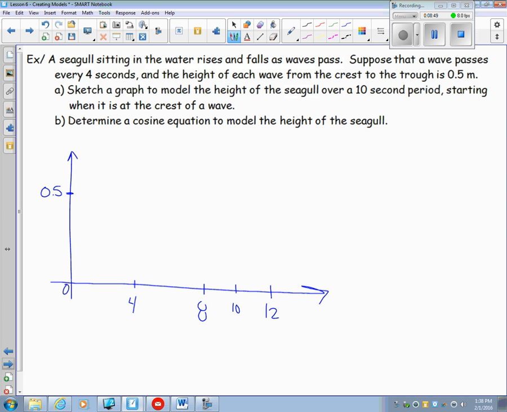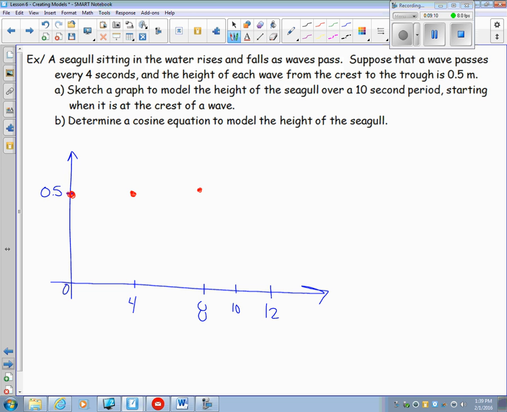We are asked to sketch for a 10-second period starting at the crest of a wave, at the top of the wave. So based on that, we know the seagull starting right here. And we know in 4 seconds, it's going to be back to there. That's how long it takes for a wave to pass. And 4 seconds more, back to there. Right? And what should happen in between?